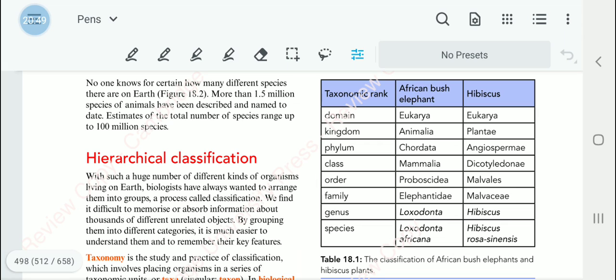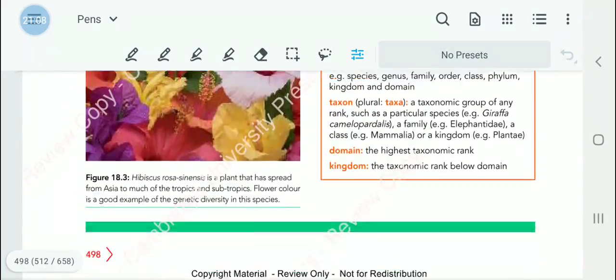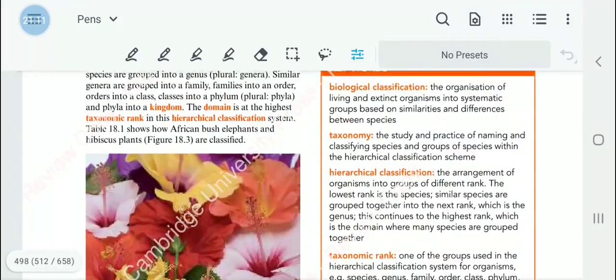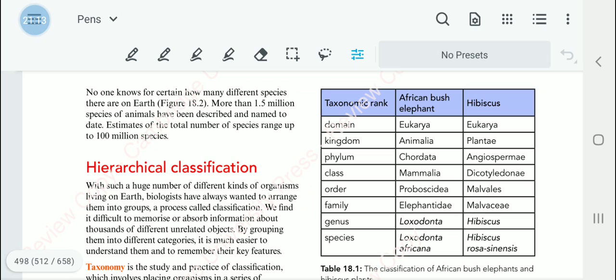Order Malvales, then family Malvaceae, then genus Hibiscus and species Hibiscus rosa-sinensis. This is the way these plants and animals are classified. So you would be able to identify if they are related by using these classification methods. Please write down this table so that you can understand it better. If you have any questions, please ask.